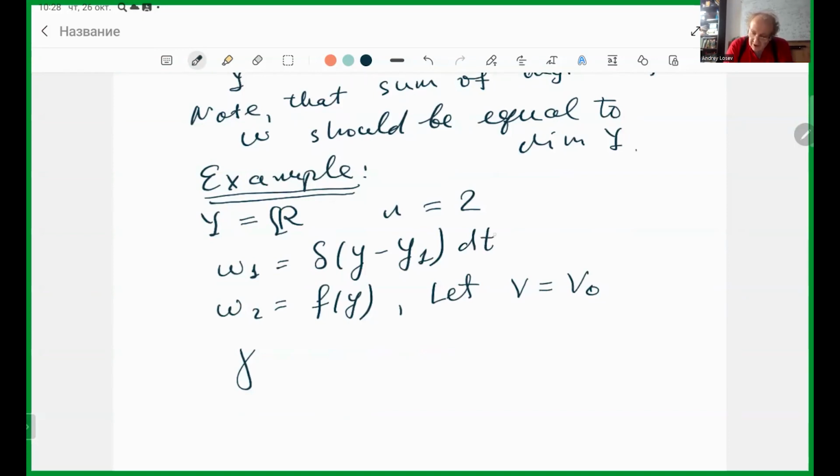So the delta function has this dy. So gamma of t, which also depends on y naught, equals y naught plus t v naught.